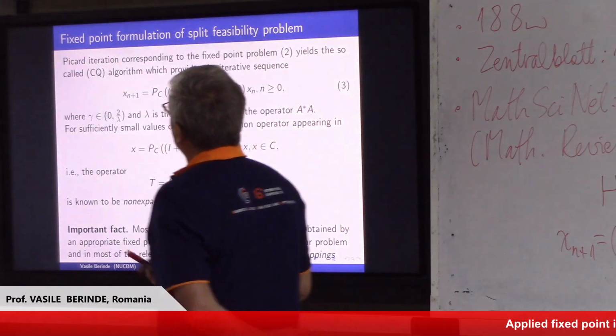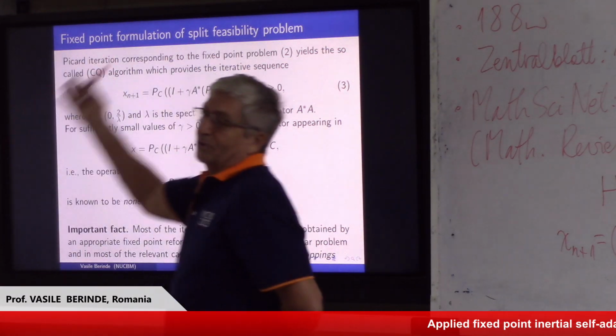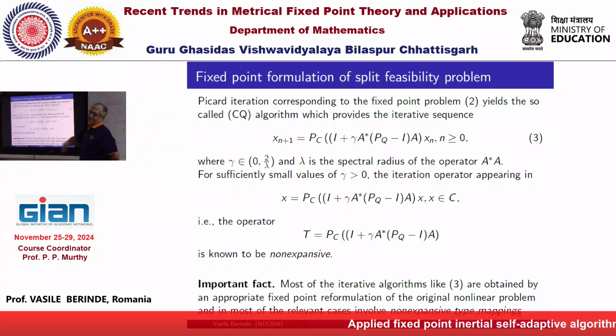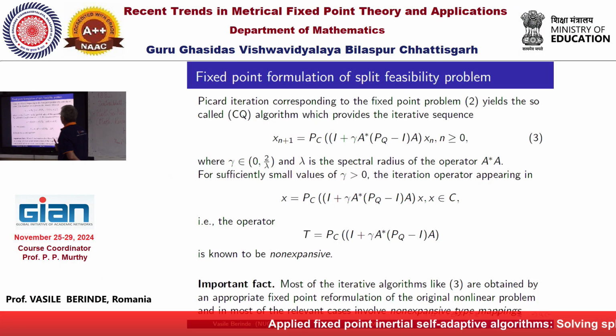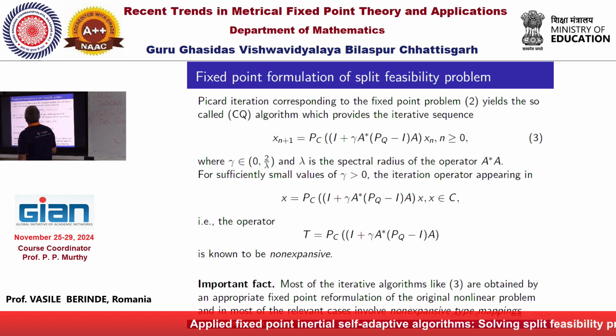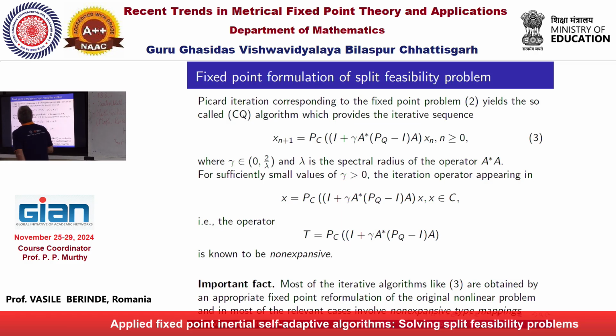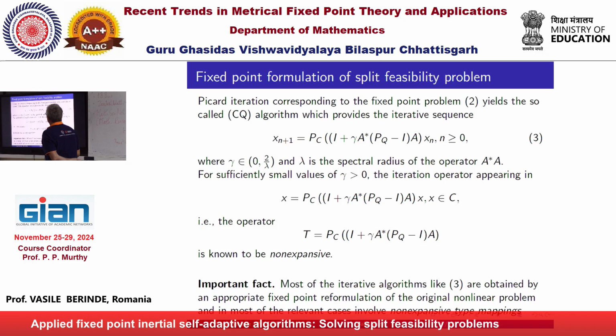It is called CQ, because one set is C and the other set is Q. This was the way the authors introduced this terminology, the CQ algorithm.